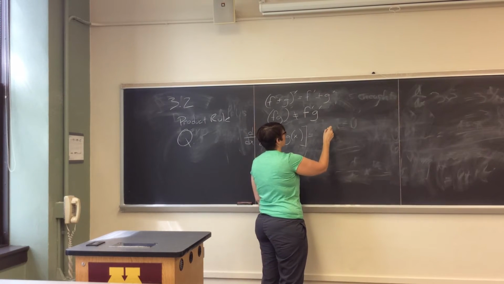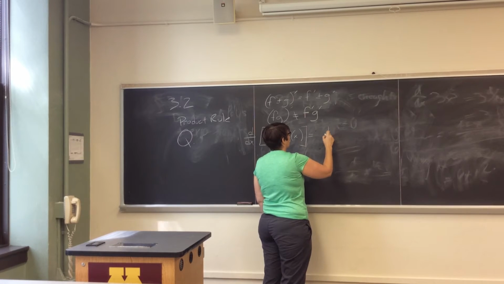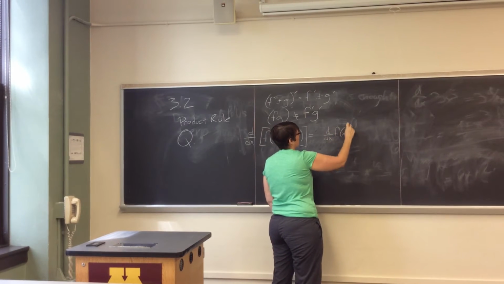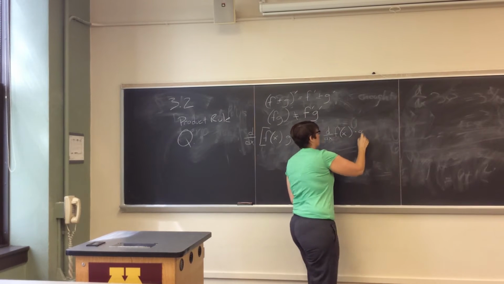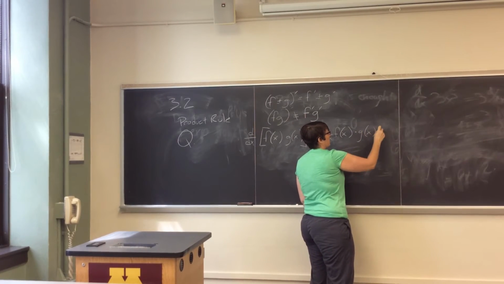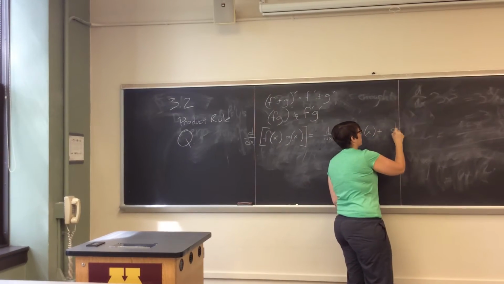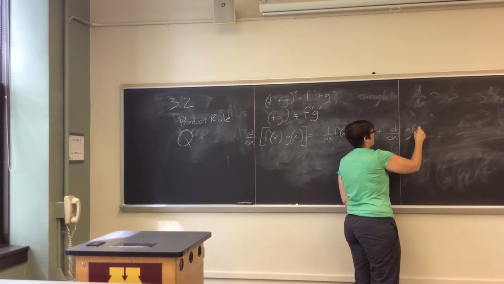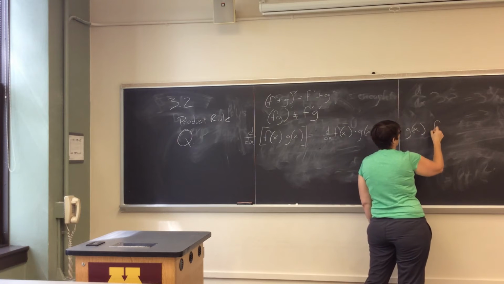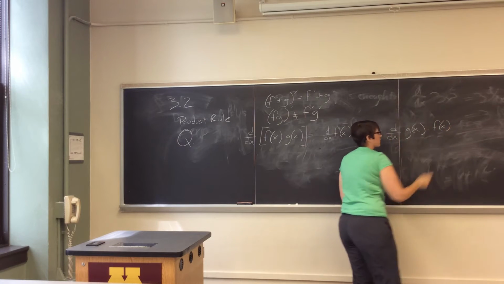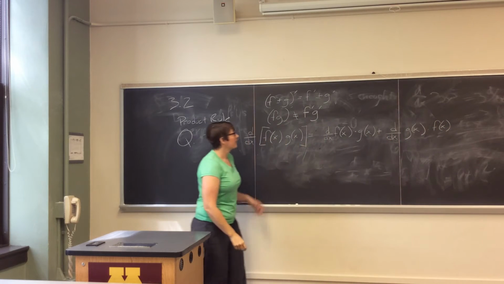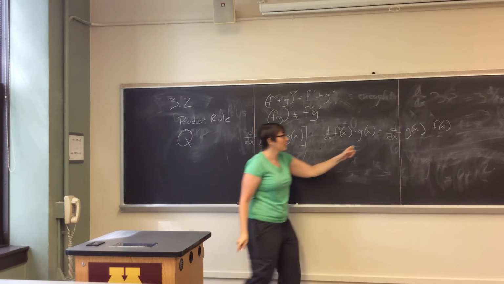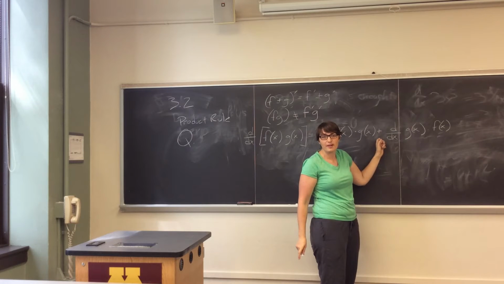Okay, that's equal to the derivative of the first times the second plus the derivative of the second times the first. Is it the derivative times the derivative? No. You should have plus signs when you use the product rule.